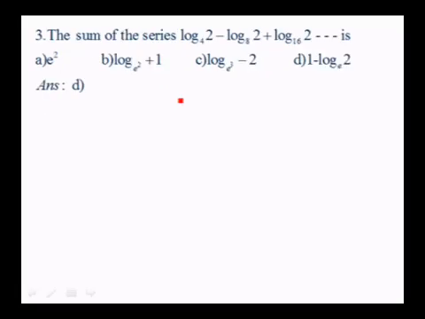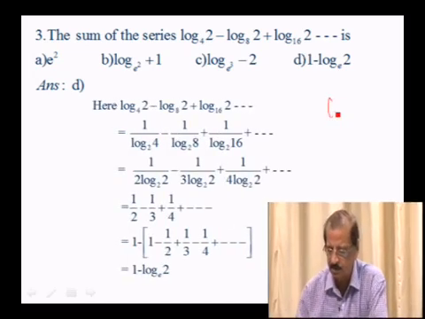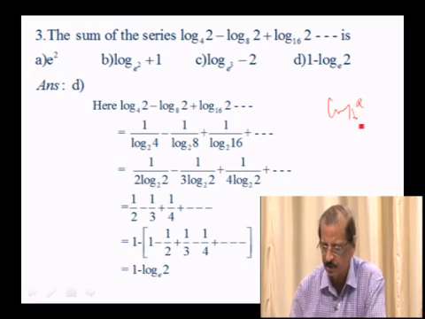The sum of the series log 2 to the base 4, log 2 to the base 8, log 2 to the base 16 etc. is, see here, I change the base of all terms. You know that log a to the base b is equal to 1 over log b to the base a.